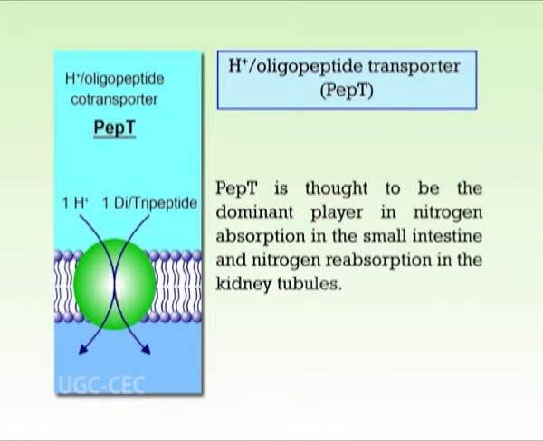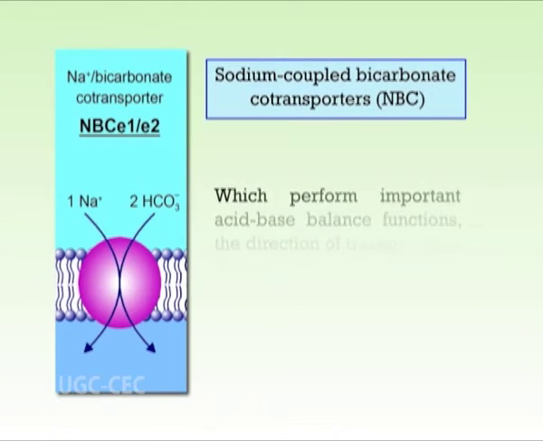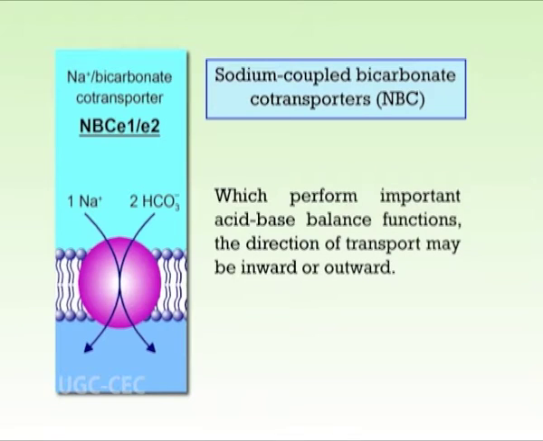PEPT is thought to be the dominant player in nitrogen absorption in the small intestine and nitrogen reabsorption in the kidney tubules. Then there are 2 sodium-coupled bicarbonate transporters, NBC, which perform important acid-base balance functions. The direction of transport may be inward or outward.